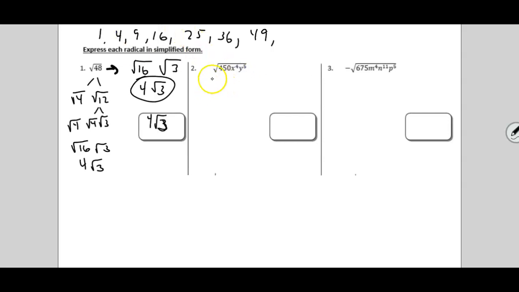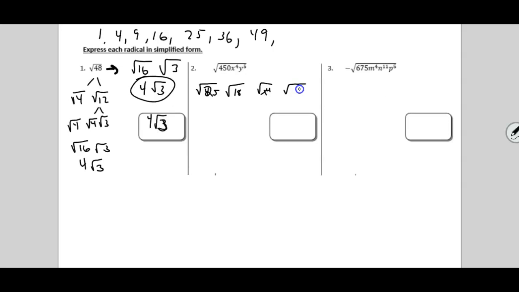Alright, so right here, the square root of 450 can be broken apart into the square root of, let's say, 25 times the square root of 18. Then we have the square root of x to the 4th, and the square root of y to the 5th.